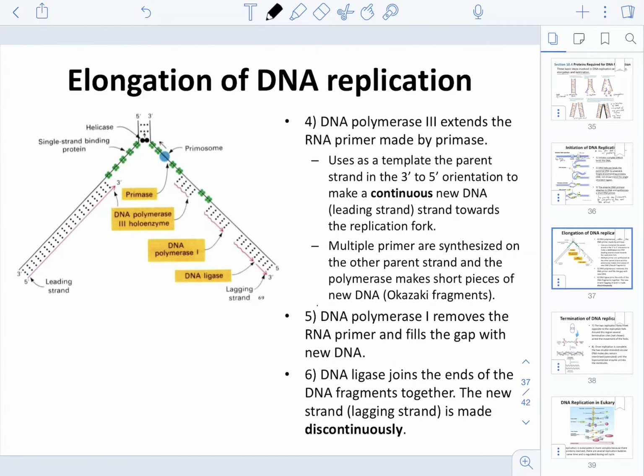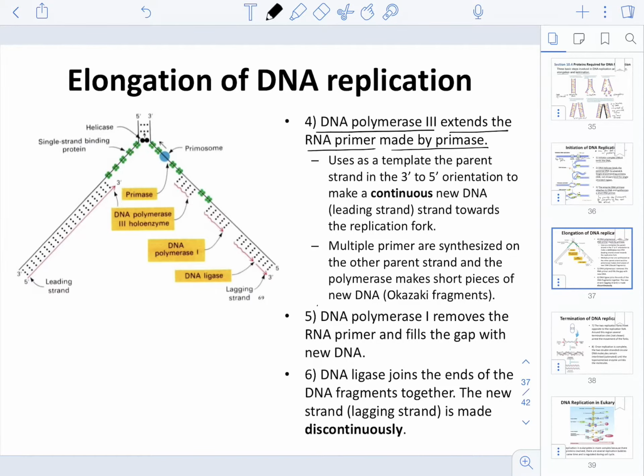Now, the elongation process of DNA replication is a little bit more complex, and I want to take the time to explain it in detail. Understand that we are going to have DNA polymerase 3 extend the DNA primer that was made by primase.